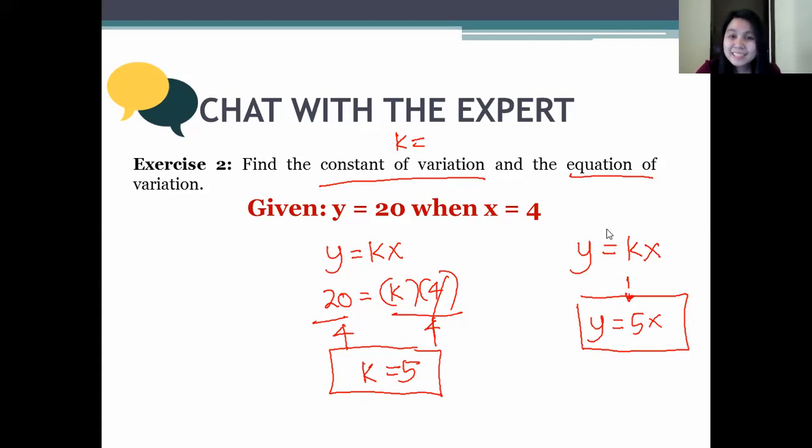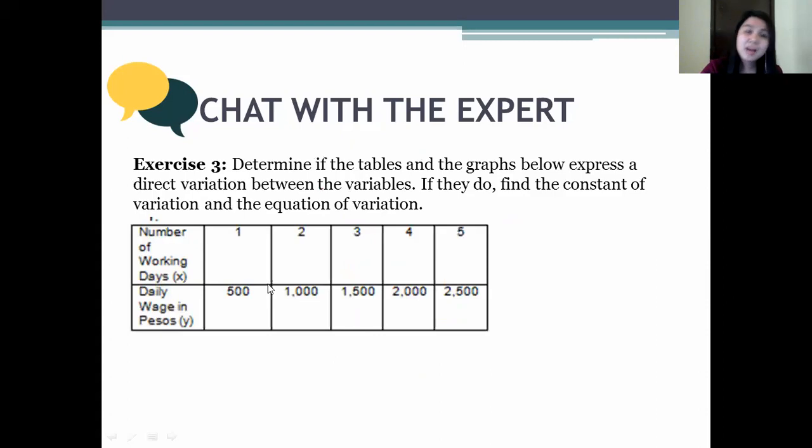Now, let's have another exercise. In our next activity, I'll be giving tables and graphs, and you will check if the table of values or the graph represents a direct variation. Now, what's one way to check if it's a direct variation?